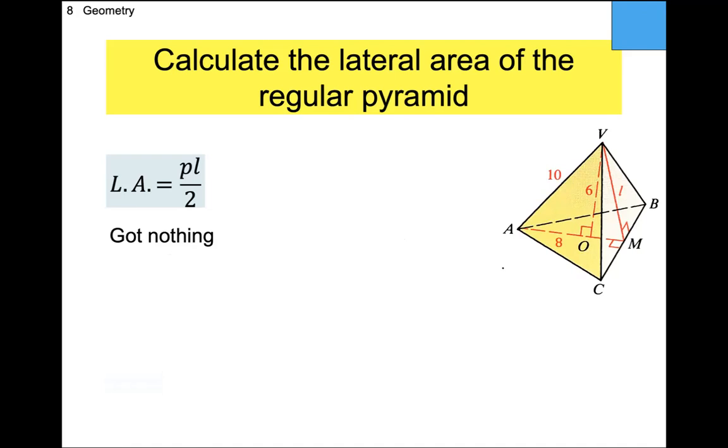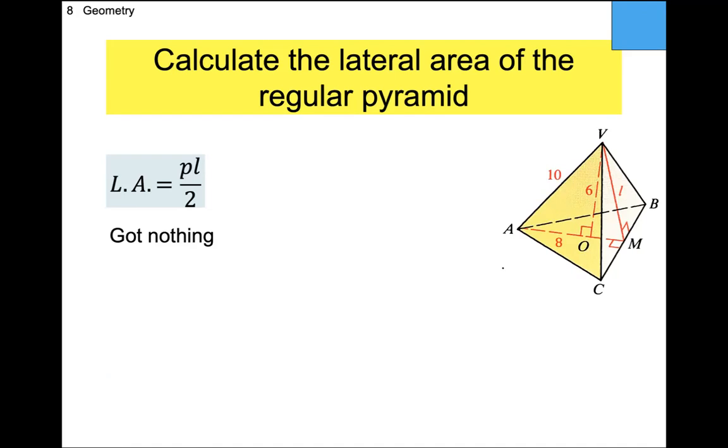Now, here's the leap of faith, and this is typically something you probably wouldn't have noticed. If we look at the bottom of the triangle, that's triangle ABC, and we know it's regular, therefore a regular one means all the sides are the same. It's an equilateral triangle on the bottom.